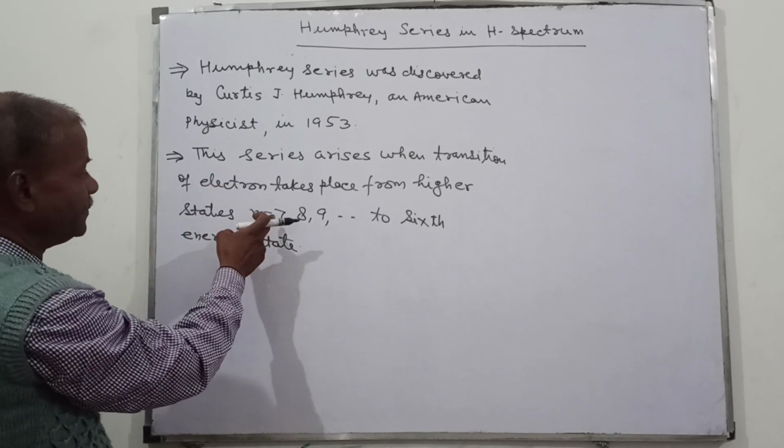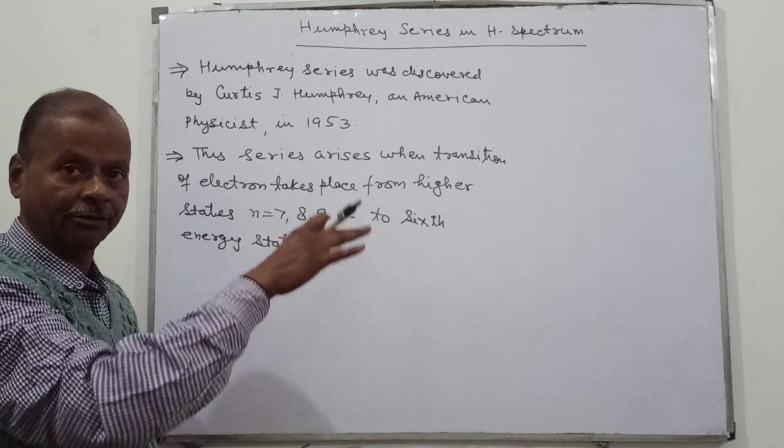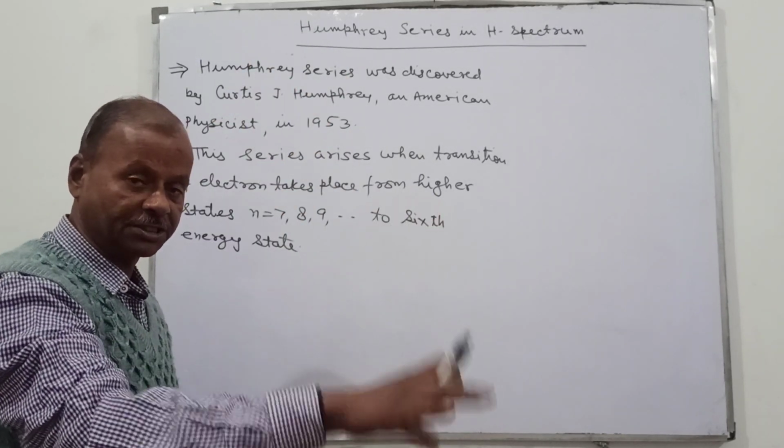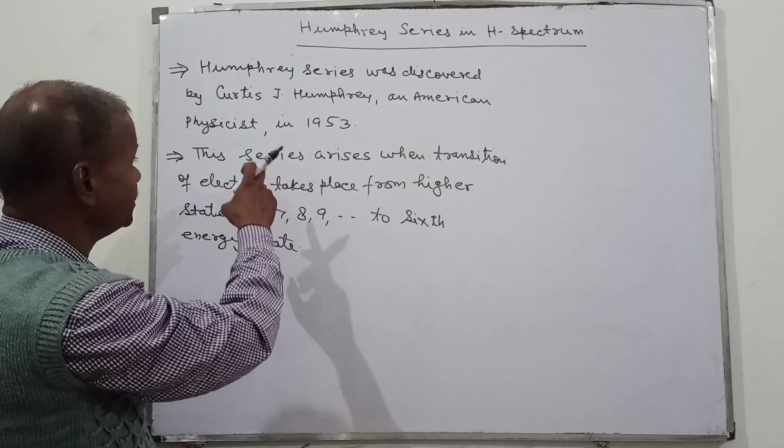So from 7, 8, 9 energy states, the electron jumps to the sixth energy state. Then this kind of series is formed.